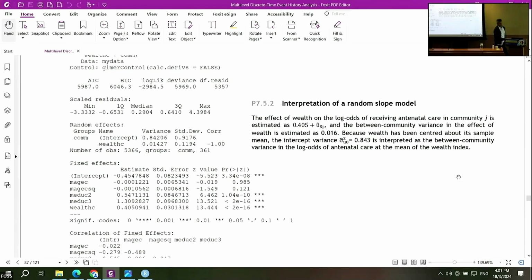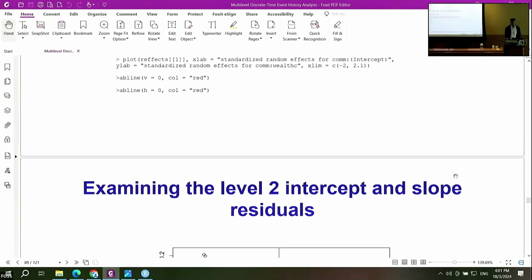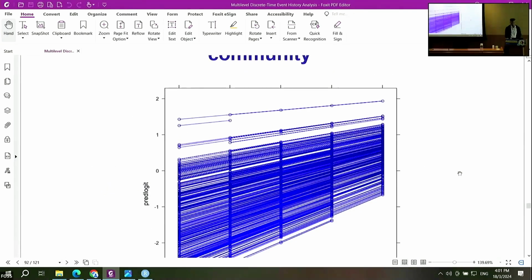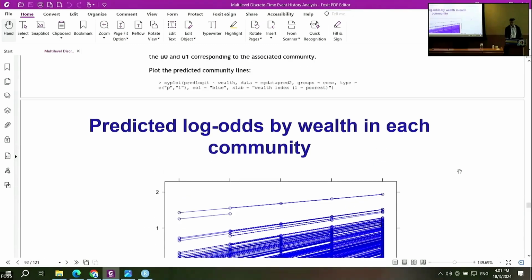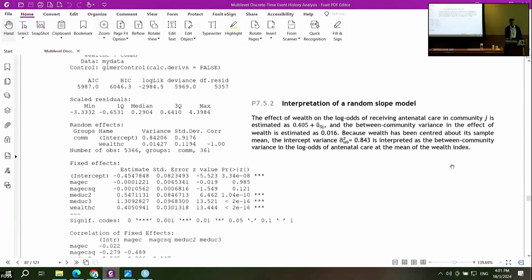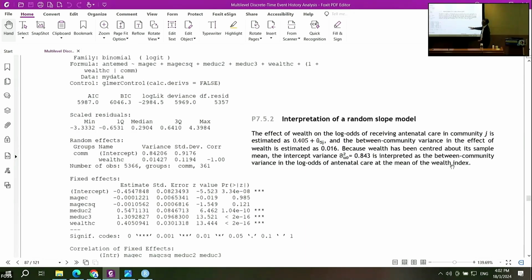So what this then does, the other thing that I didn't highlight in the output was the covariance. The correlation between the group level intercept variance and the group level slope variance is -1. So it's very highly correlated and it's negative.